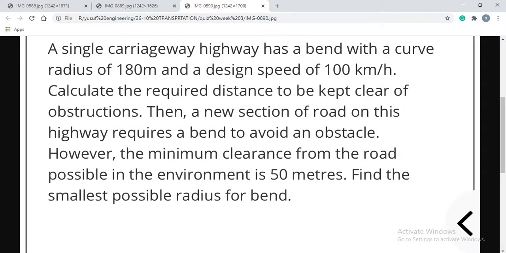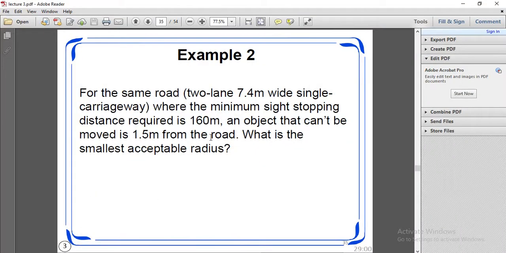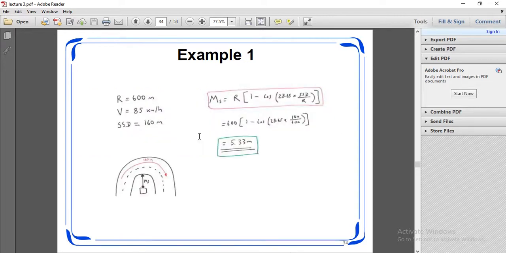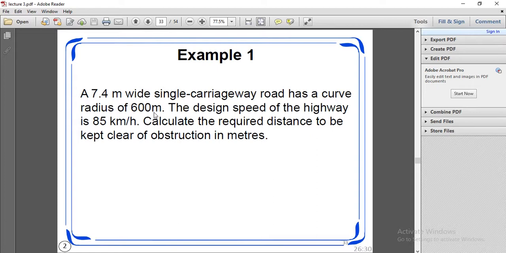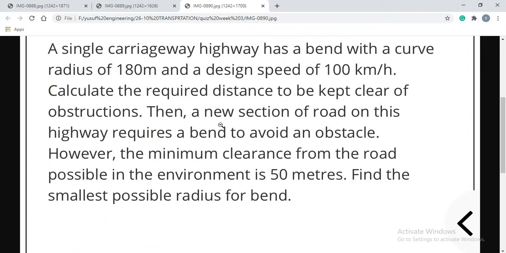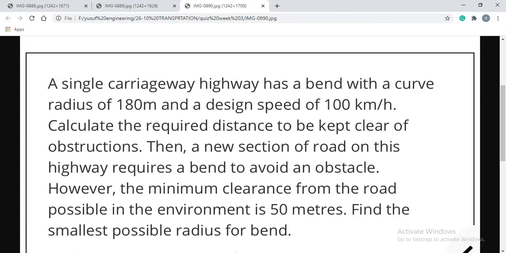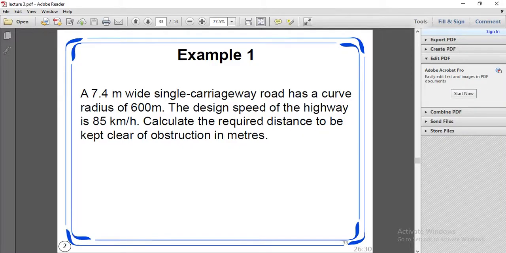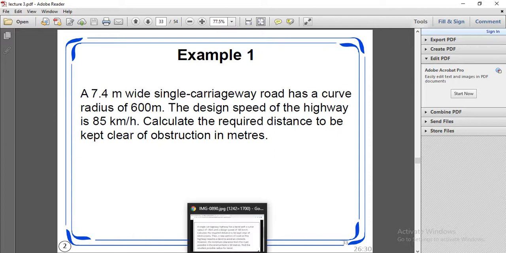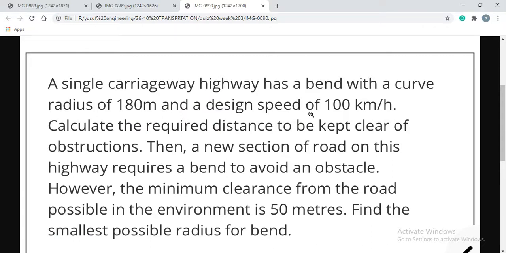A 7.4 meter wide single carriageway has a bend with a curve radius of 180 meter, and the design speed of the highway is 100 km per hour here.